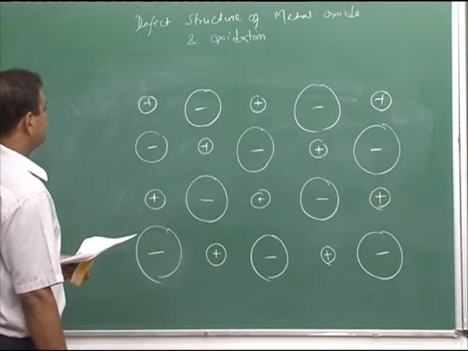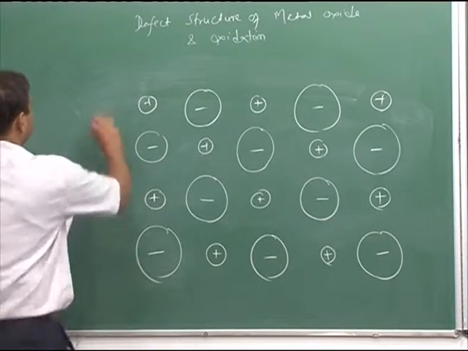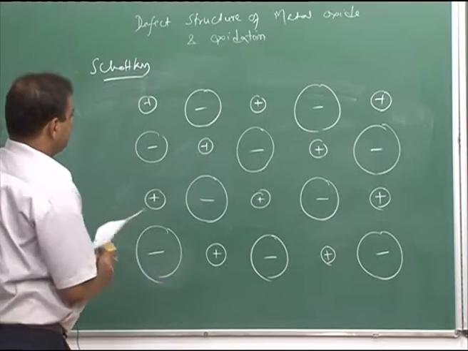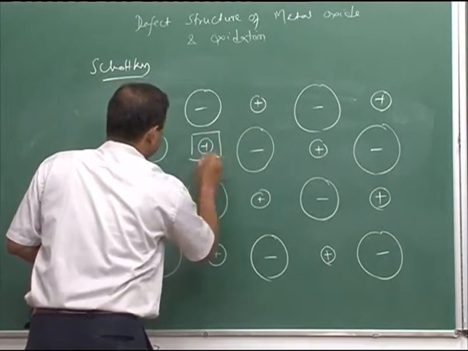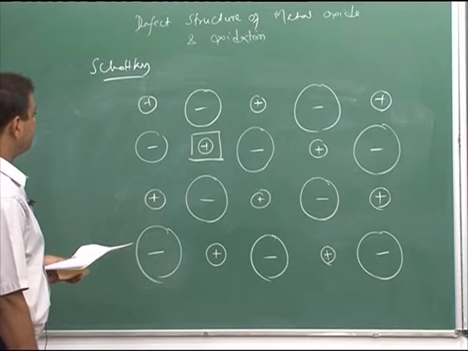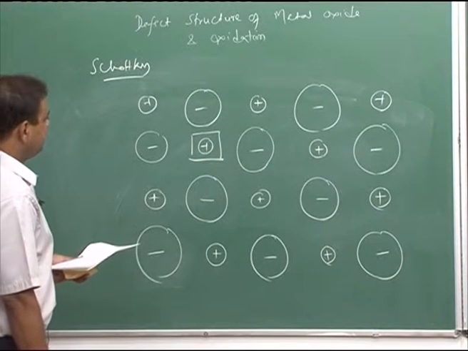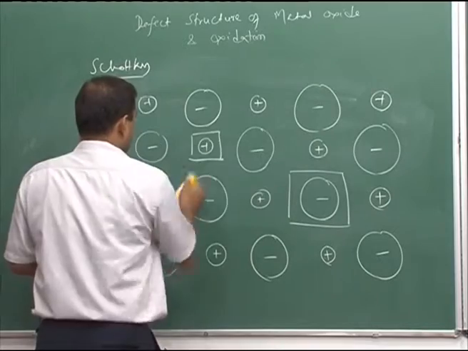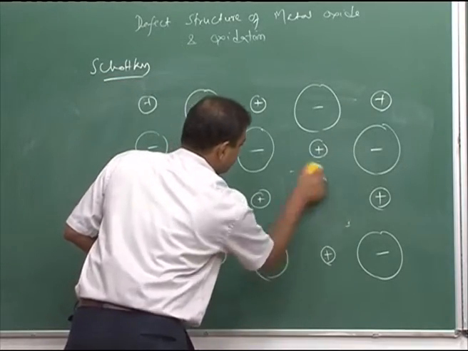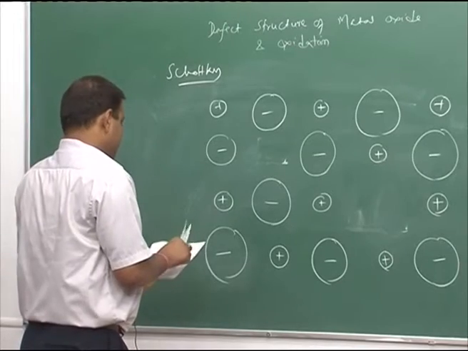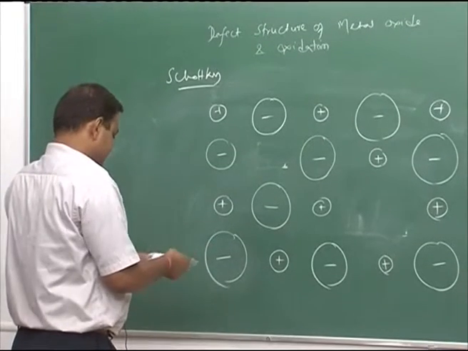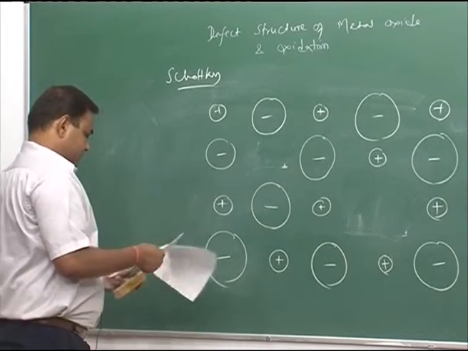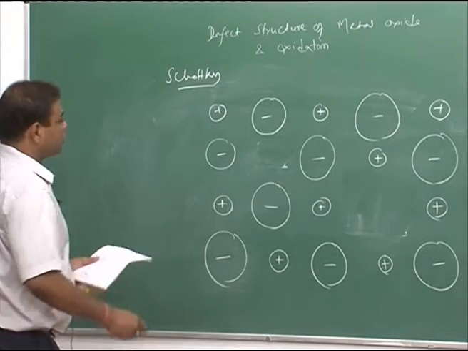So, the total electroneutrality is maintained, and for the Schottky defect, one cation would be missing from its normal lattice site, and one anion would be missing. If we remove these two, that means there would be a cation vacancy and an anion vacancy, and that creates the Schottky defect.